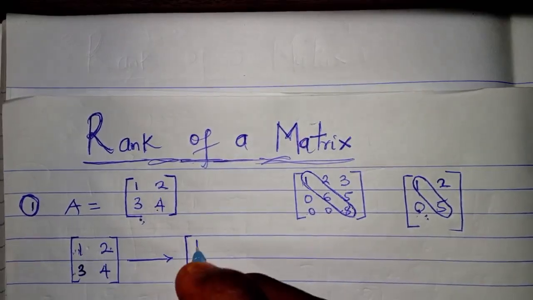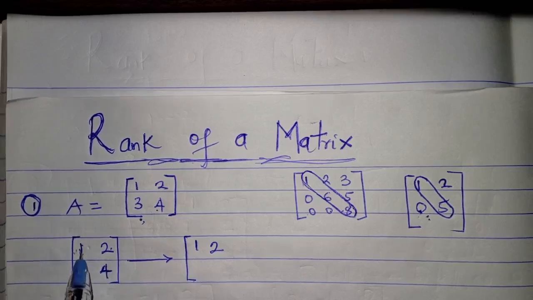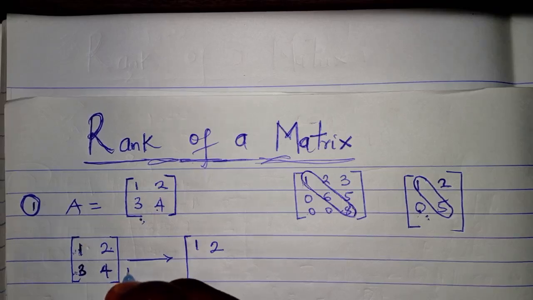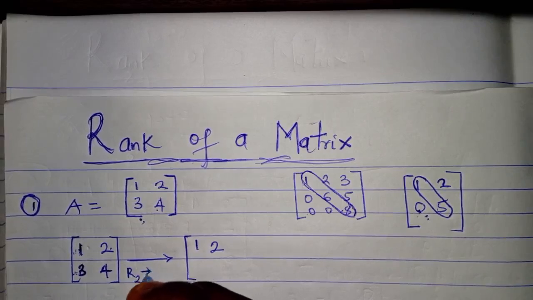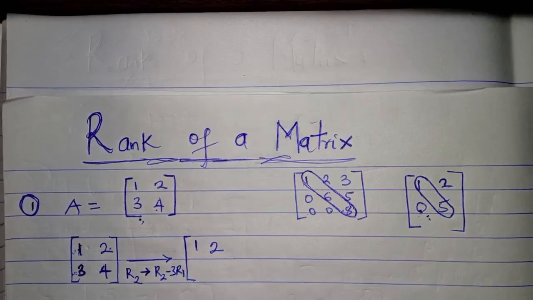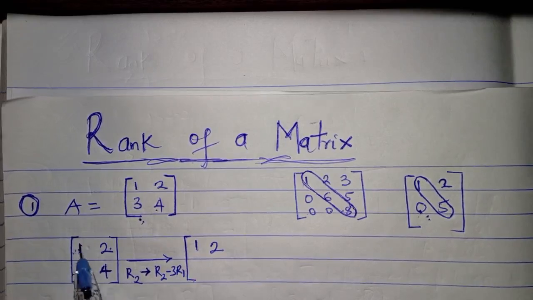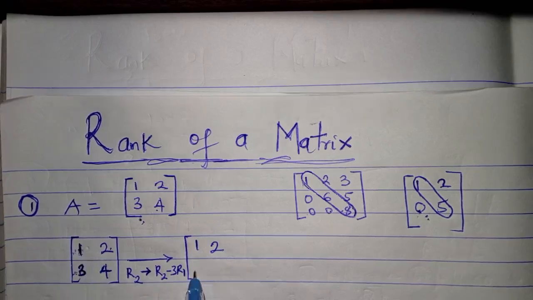This first row will remain, but this second row will be modified. If I multiply this element here by 3 and subtract 3 from it, I will get 0. So the new row 2 is obtained by row 2 minus 3 row 1. If I multiply this row 1 by 3, 3 minus 3 is 0.